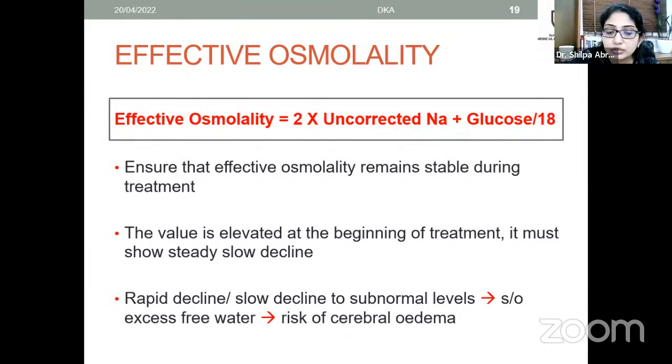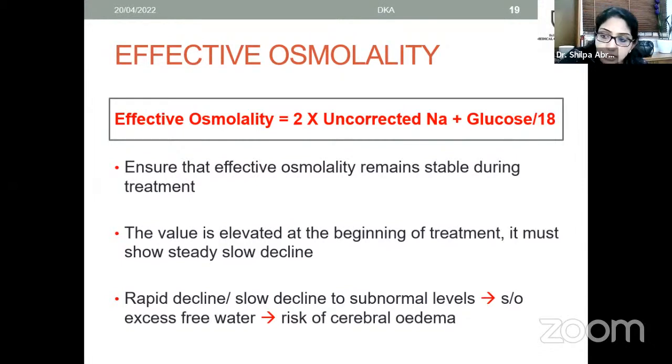during treatment. This value is usually elevated at the time of starting treatment. It may be 320. You know that the normal serum osmolality is 285 to 295. DKA is a hyperosmolar state, so your serum osmolality at admission or before the start of treatment may be anywhere between 320 and 350. What you want to do is slowly bring it down.